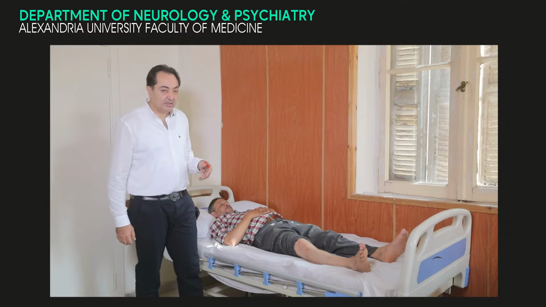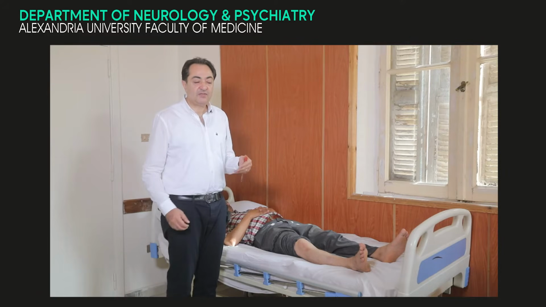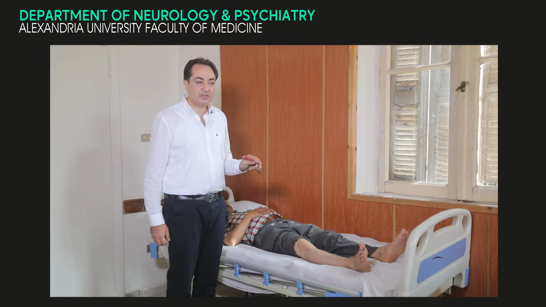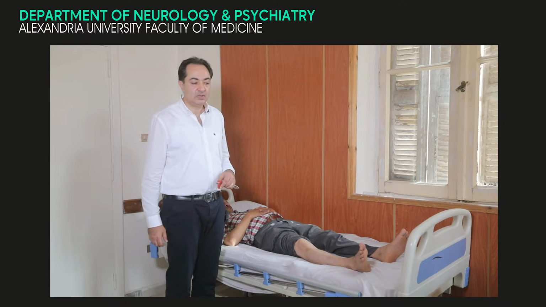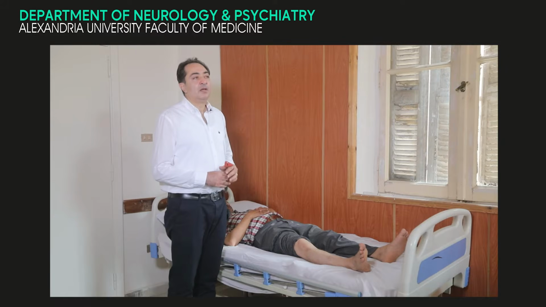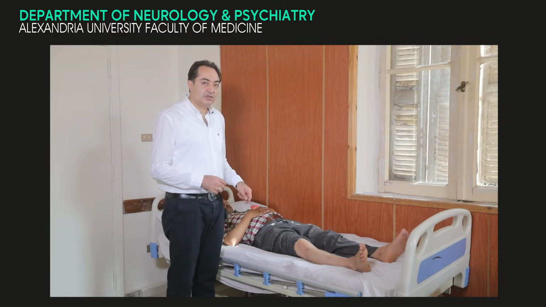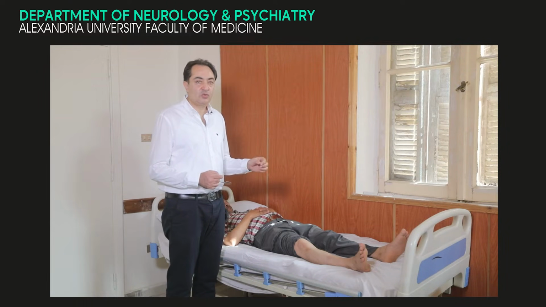If the absent reflex appeared after reinforcement, it's called 0 plus. If after reinforcement it did not appear, it is grade 0. This is the first thing, 0 or 0 plus. What if the reflex, when doing it the first time, appeared just elicited? It's called 1+.